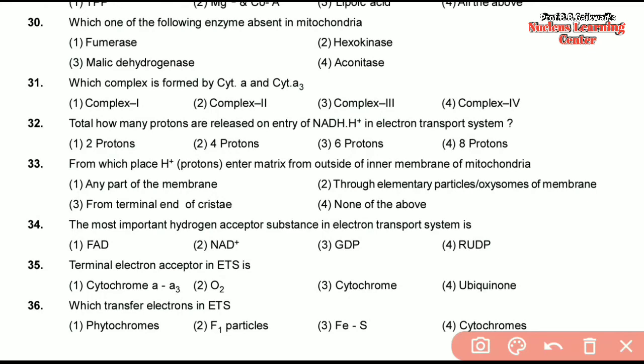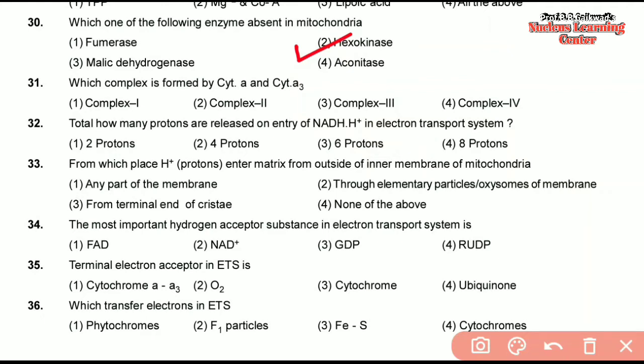In mitochondria, there is absence of hexokinase, because hexokinase is associated with the first step of glycolysis, which occurs in the cytoplasm of the cell. The rest of the three enzymes are associated with the mitochondria.